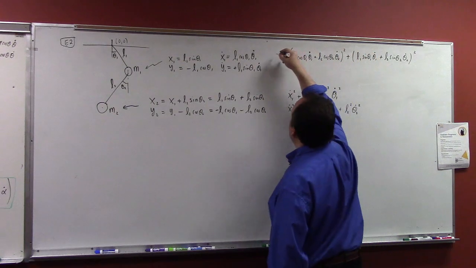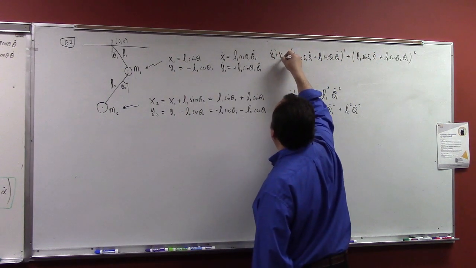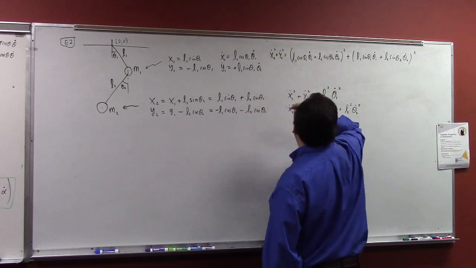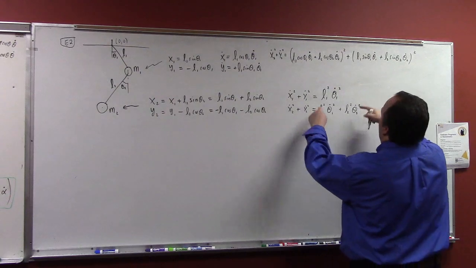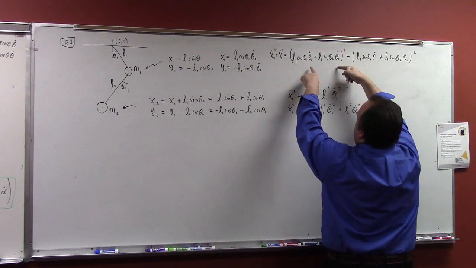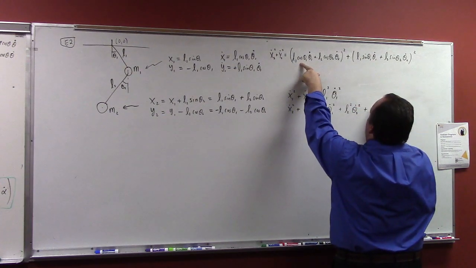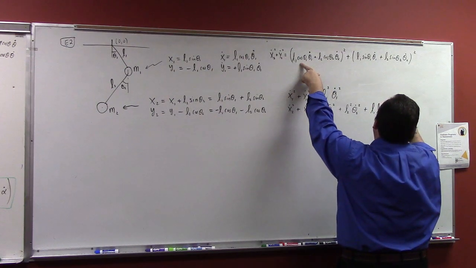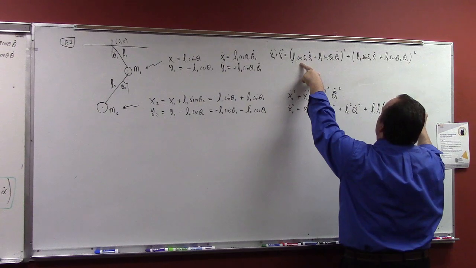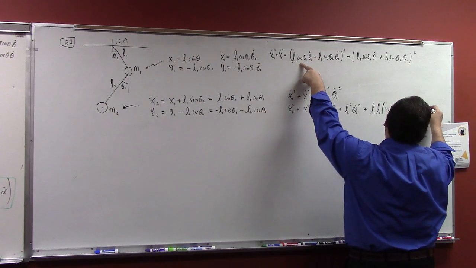Square these. This is x2 dot squared plus y2 dot squared. As I pointed out, it already gives us this term and that term. The cross terms, I get a theta 1, theta 2, I get cos theta. Oh, I do think I get something, don't I? Yes. I get L1, L2, cos theta 1, cos theta 2, plus sine theta 1, sine theta 2, right?